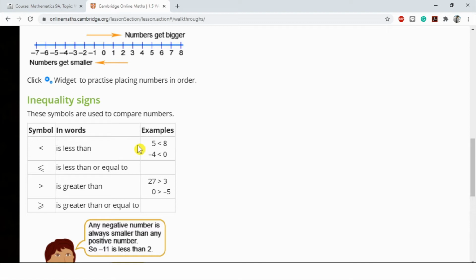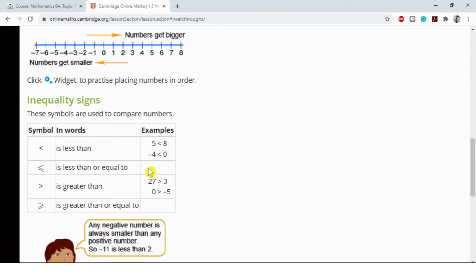We also have less than or equal to, for example, minus 2 is less than or equal to 0.